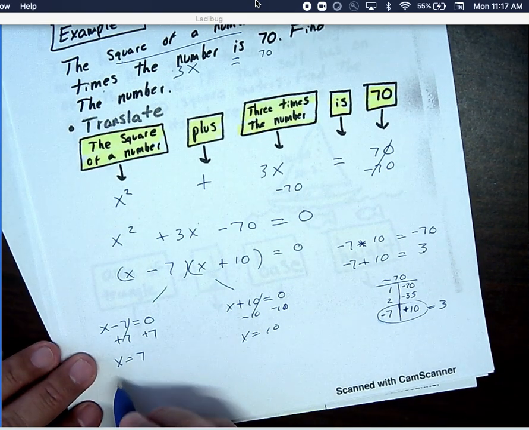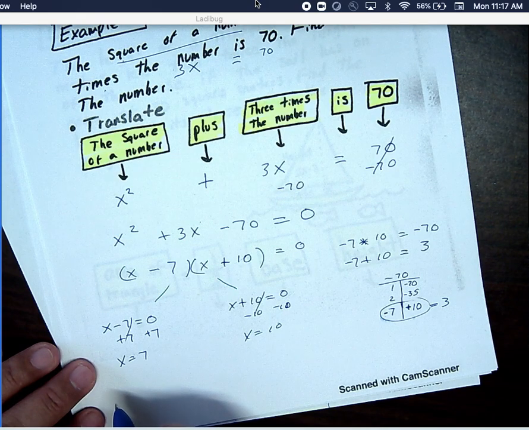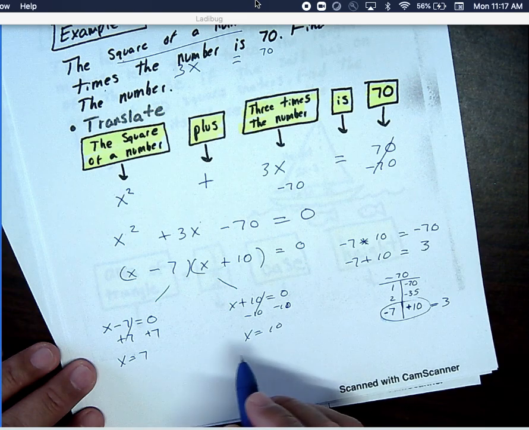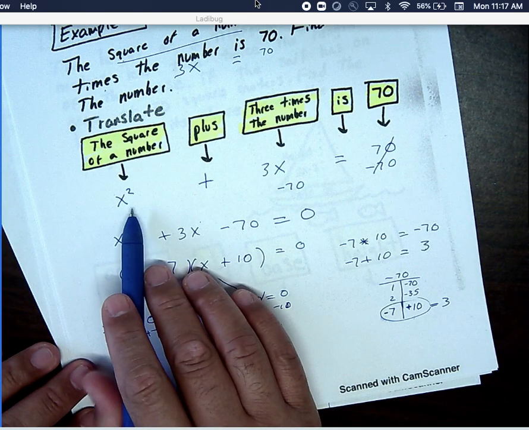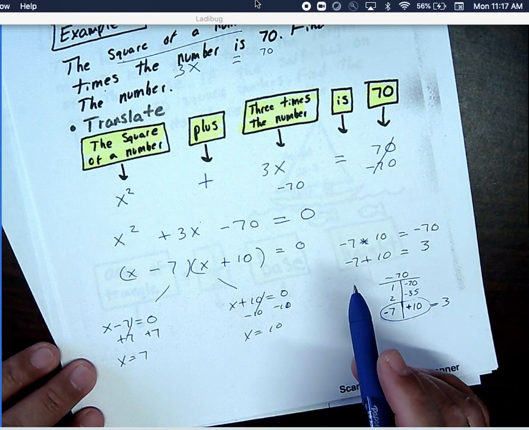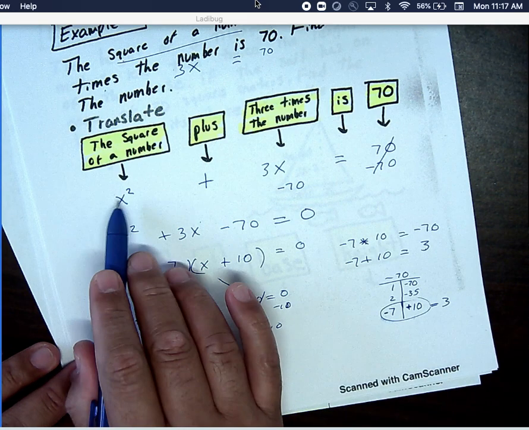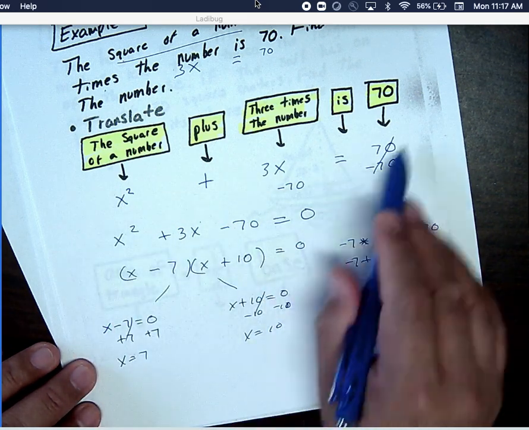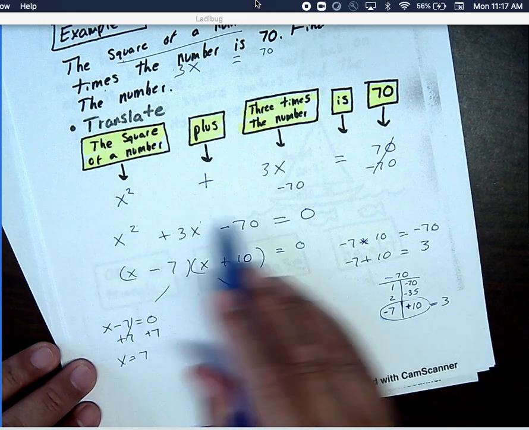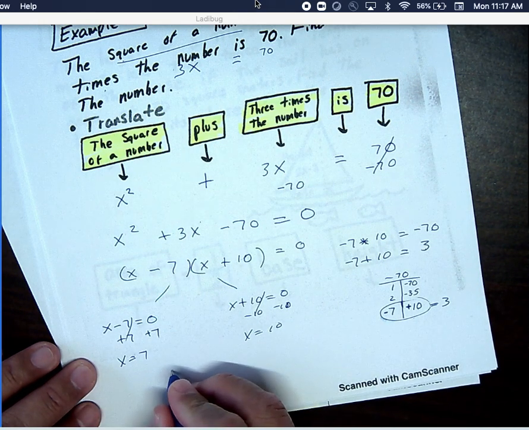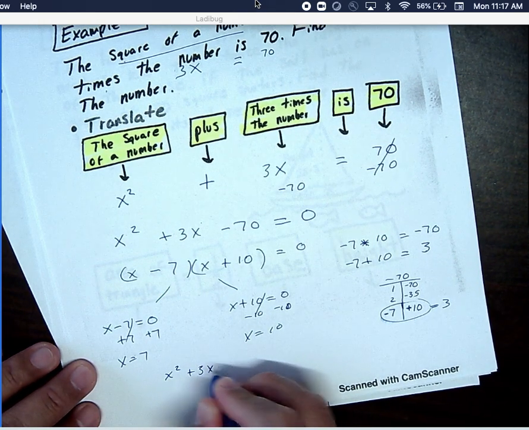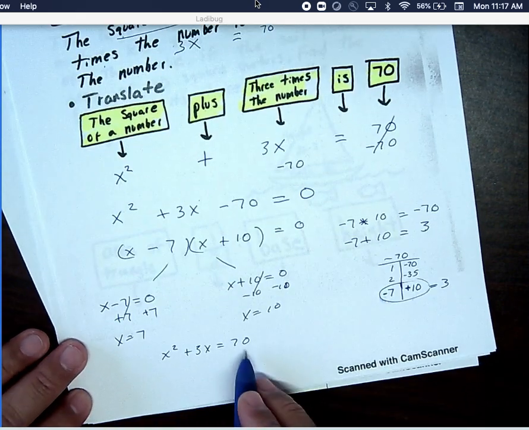So these are the two possible solutions for this. So for this, we need to check, because we want to make sure we did it right. So this is the original equation. I want to make sure they equal 70.